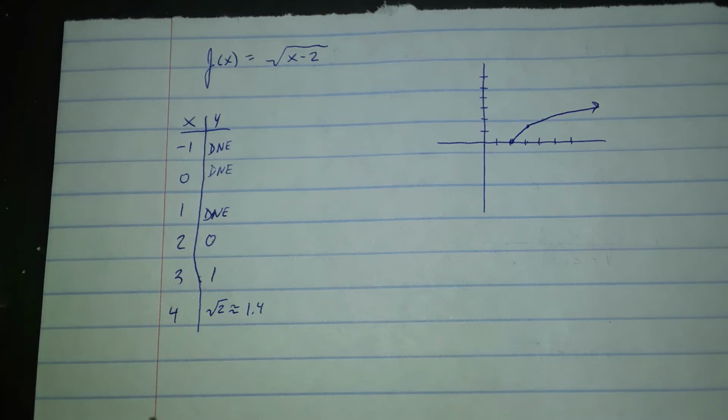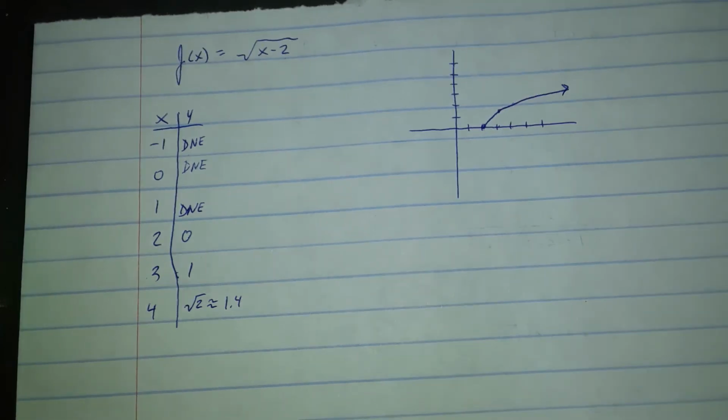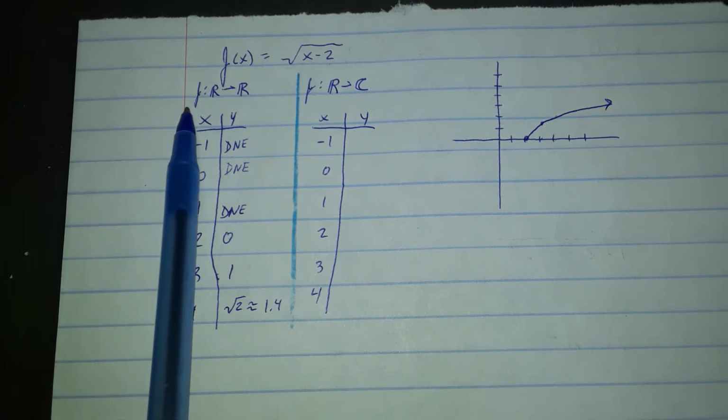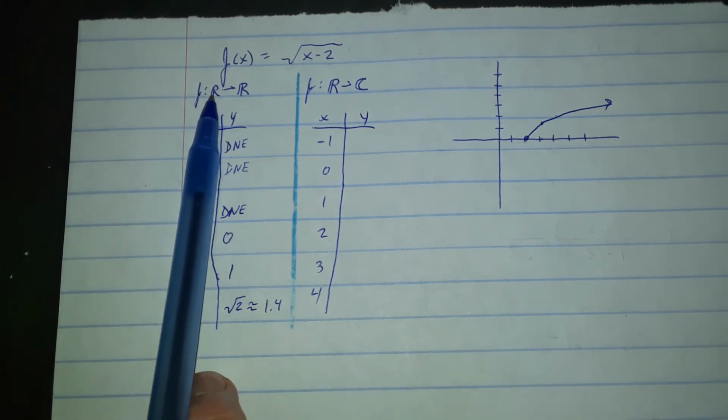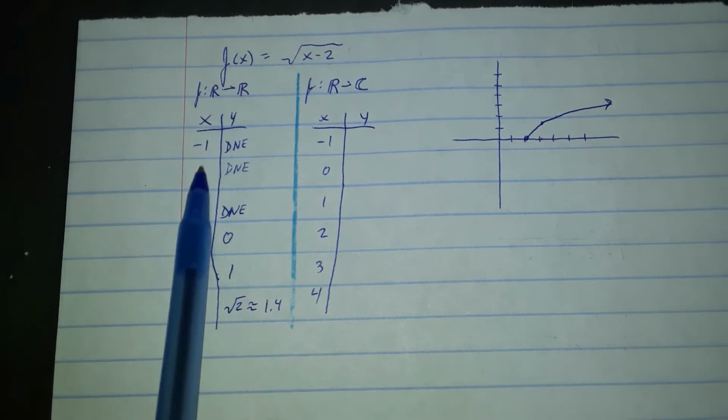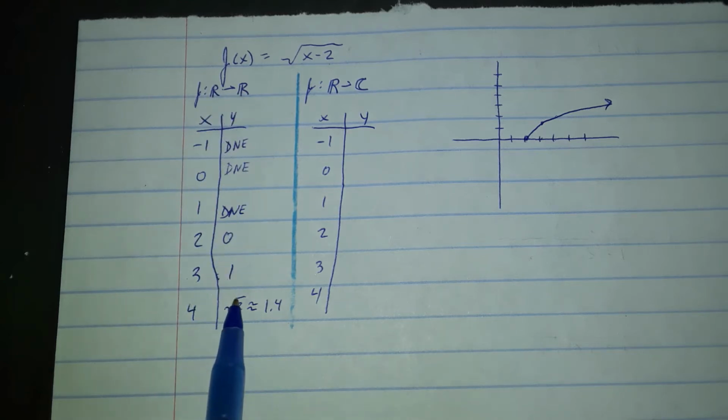The assumption was that we were looking for real numbers, which is what you typically see in a lot of classes, especially lower level classes. But what would happen if we said that complex numbers were allowed? I've made some extra notations here. The first one we're defining: the function f is defined from the real numbers to the real numbers. So we plug in a real number and we expect to have a real number out.